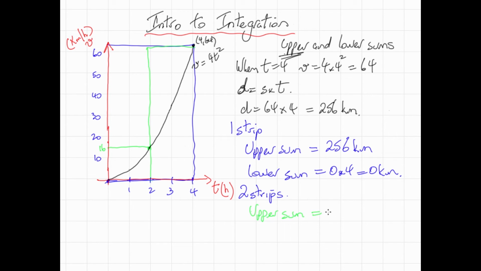So it'll be 2 times 16 plus, so we're assuming that it travelled for 2 hours at 16, and then these 2 hours at 64. We get 32 plus 128, and that's equal to 160 kilometres. So it's come down markedly by just splitting this up into two strips. What would the lower sum be?